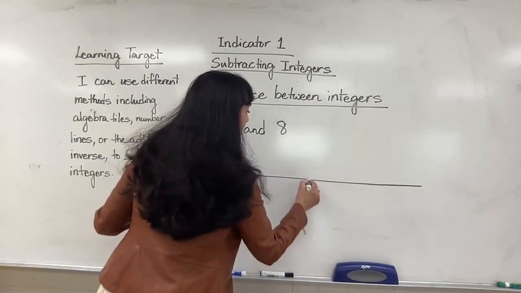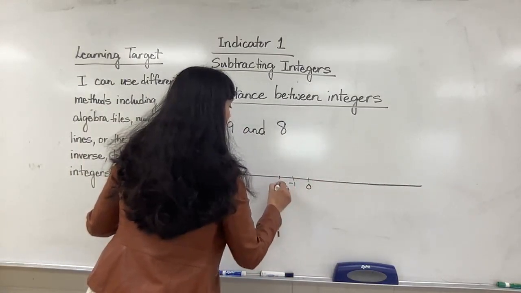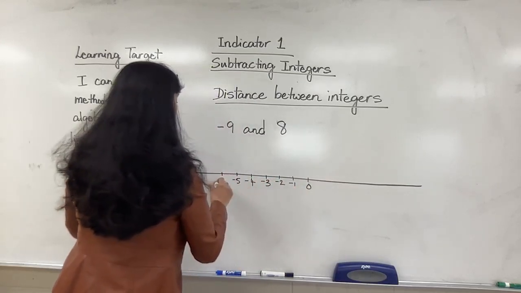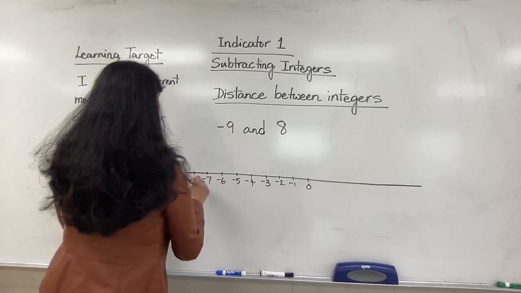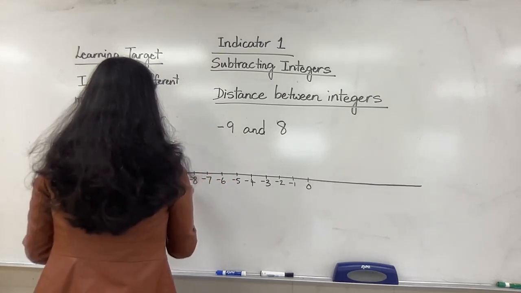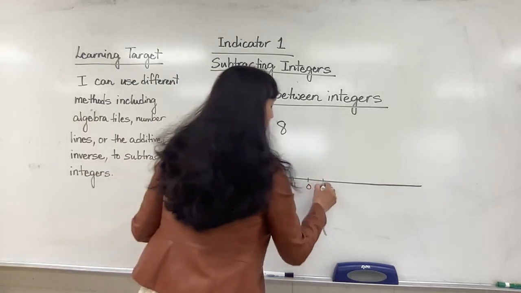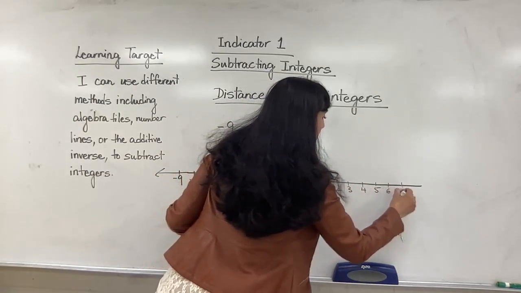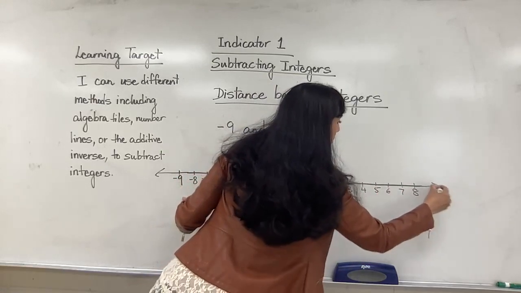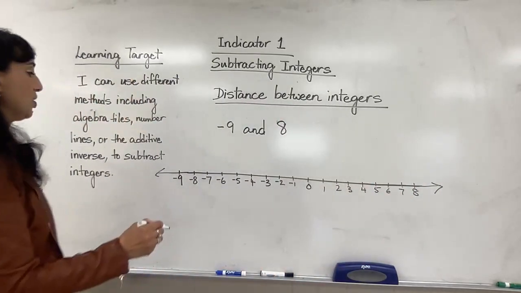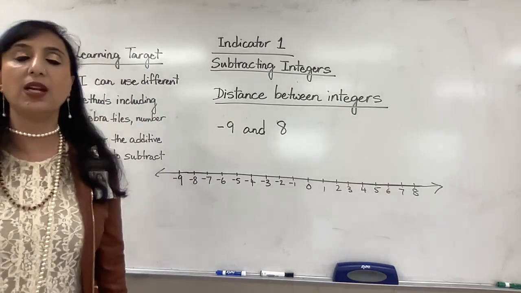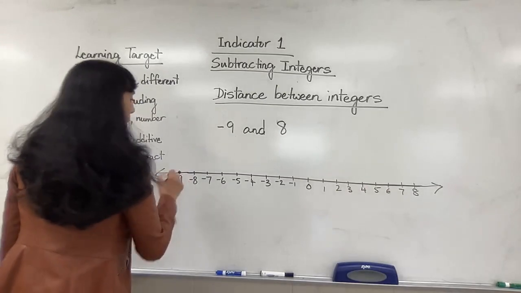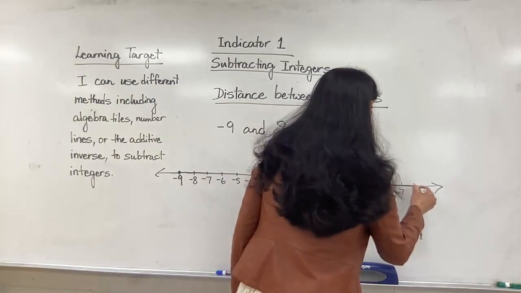Let's say this is 0, -1, -2, -3, -4, -5, -6, -7, -8, and I have -9 over here, and then 1, 2, 3, 4, 5, 6, 7, 8 over here. I'm trying to find the distance between -9 and 8. So here is -9. Here is 8.